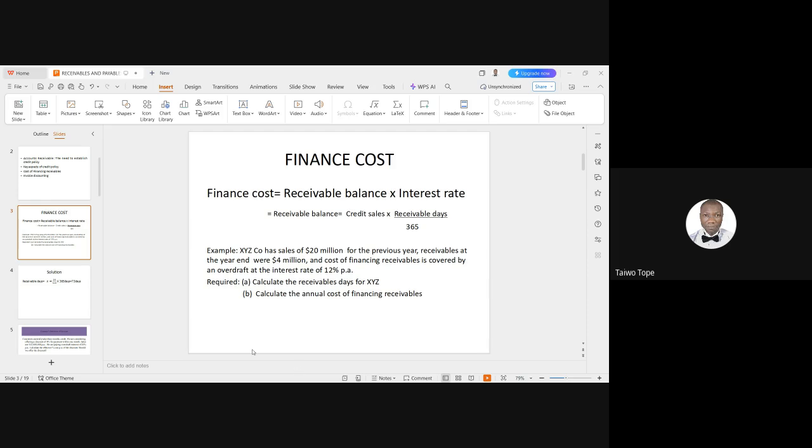Now, the point is this. When you have receivables and you need immediate cash, you can quickly run to your bank to get an overdraft. The overdraft can be at the rate of 12%.